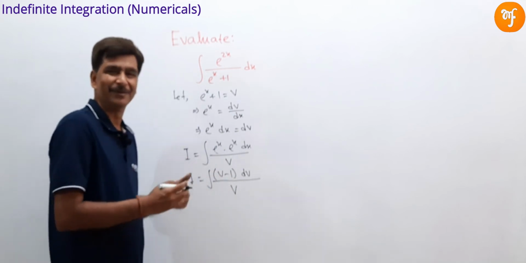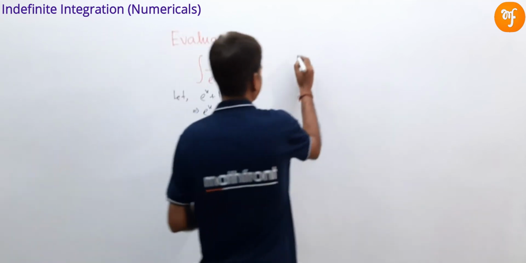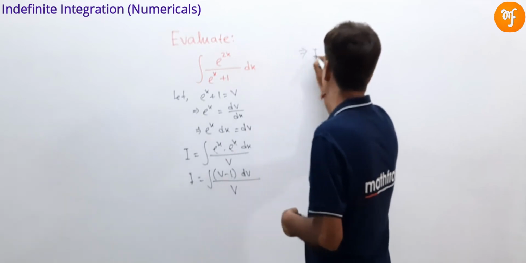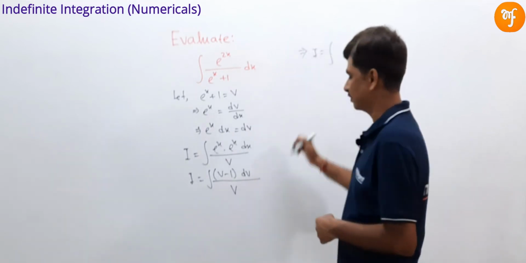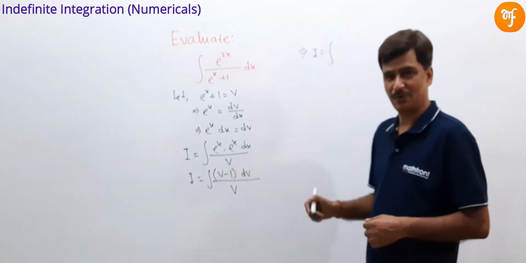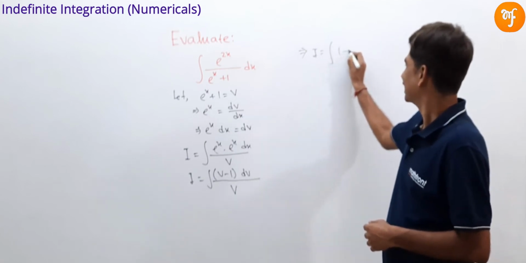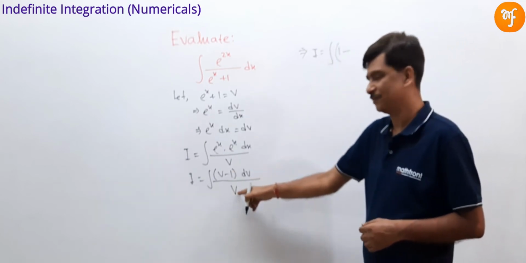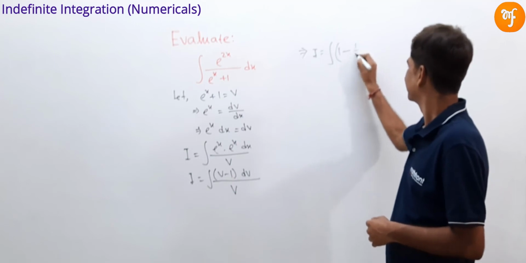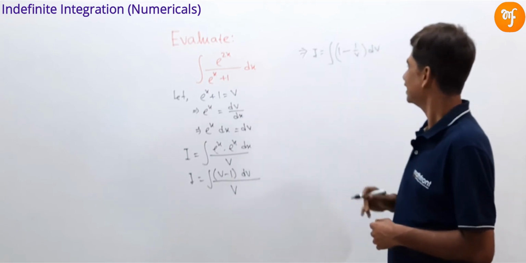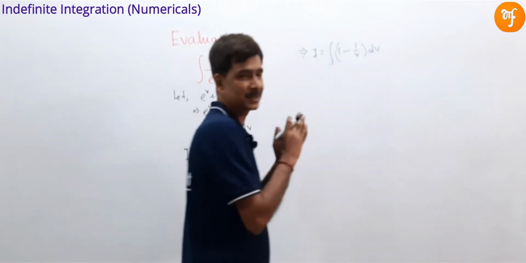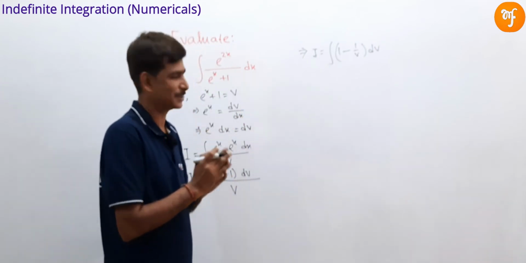Okay. Now, let us simplify it. So, I is the integration of v divided by v, that is 1, minus 1 divided by v, dv. Okay. Clear? Now, we must split into two integrations.